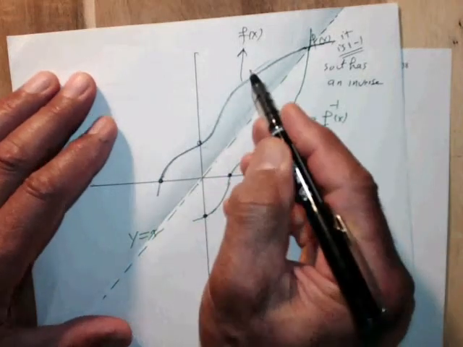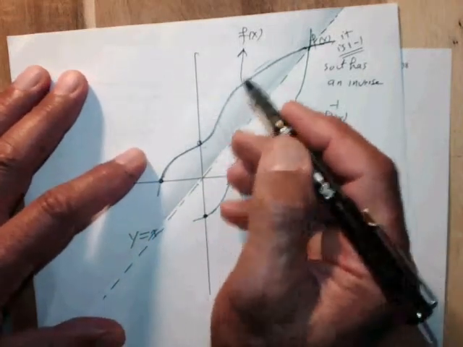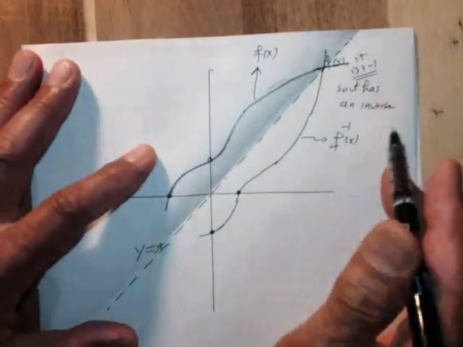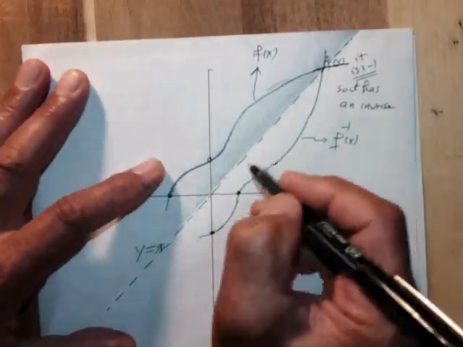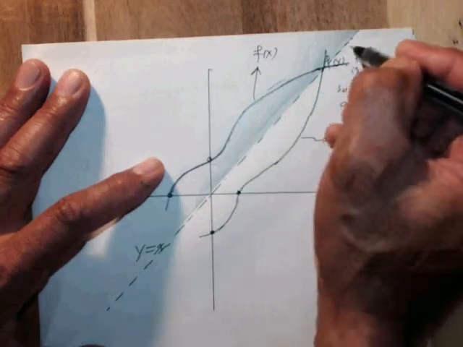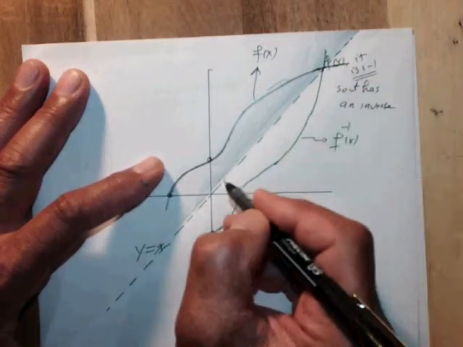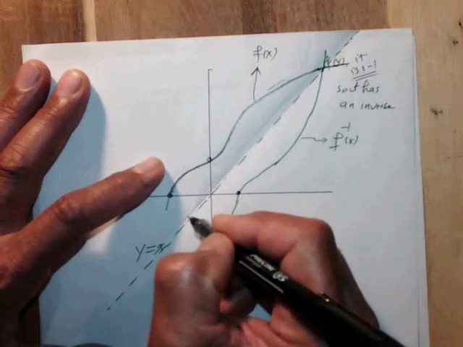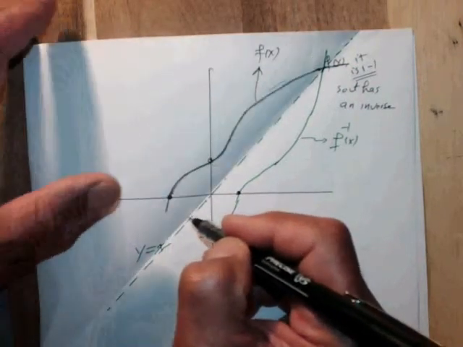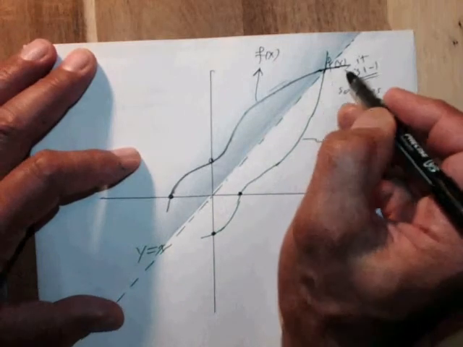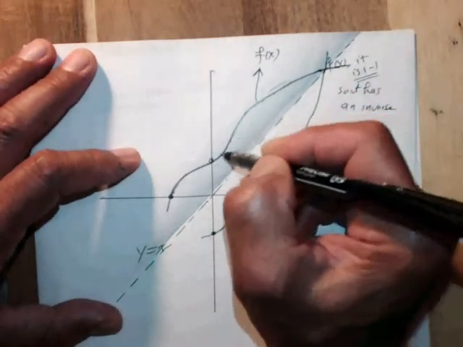Then I want to know what the graph of the inverse looks like. According to this theorem, the first thing you do is draw the line y equal to x, which is the identity function. This line y equal to x is the bisector of the first and third quadrant, and then draw a curve which is exactly symmetric to this one.